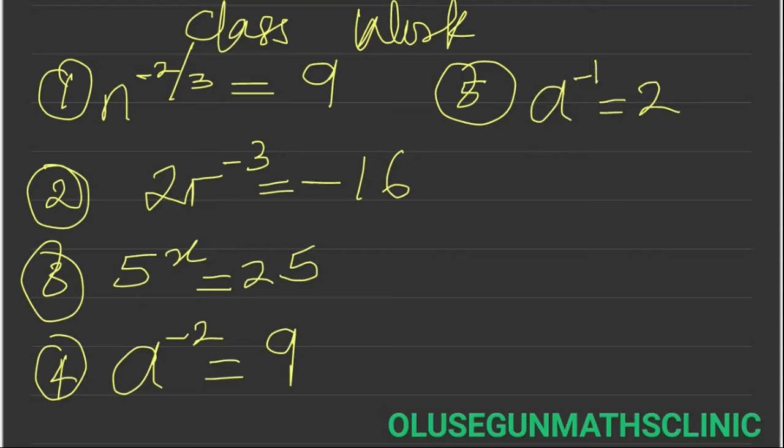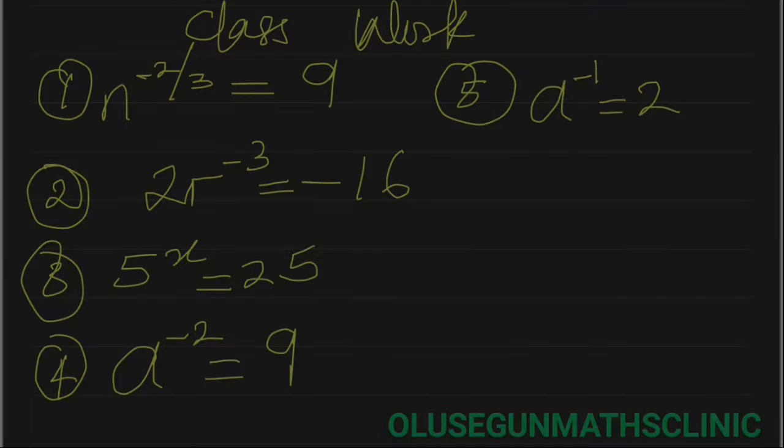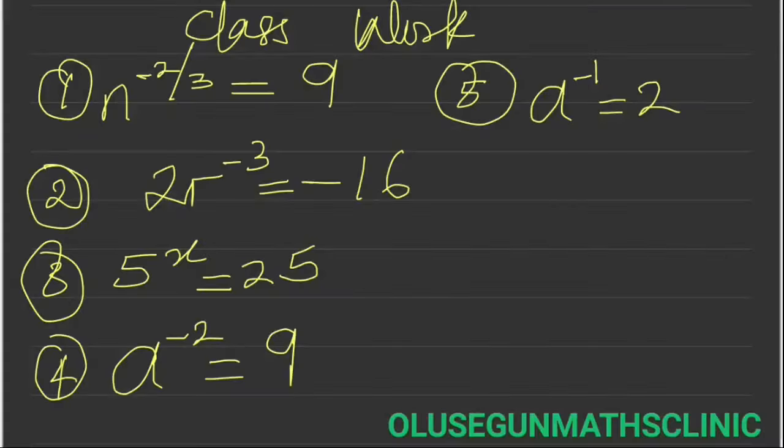So let's stop at this 5. Let me spell it out again. We have n raised to the power minus 2 divided by 3 is equal to 9. The second one, 2r, where r is raised to the power minus 3, is equal to minus 16.